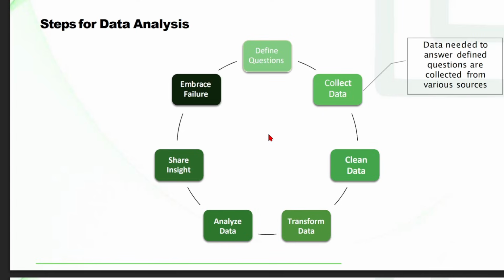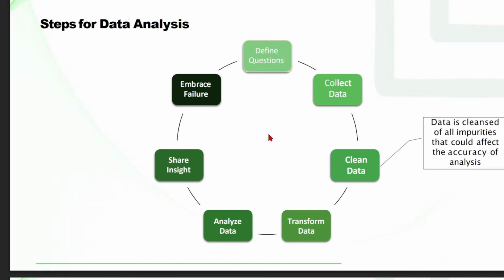So data is needed to answer the defined question and is collected from various sources. Then you clean the data, because most times data can be dirty. Even though they are structured in rows and columns, they can be dirty, or they might not be consistent in their characters, or maybe in their decimal places in a particular column.